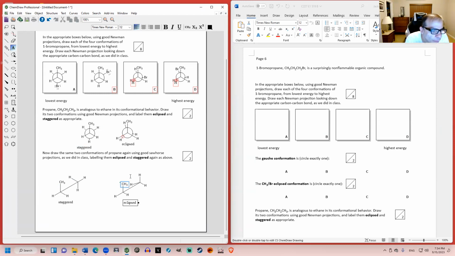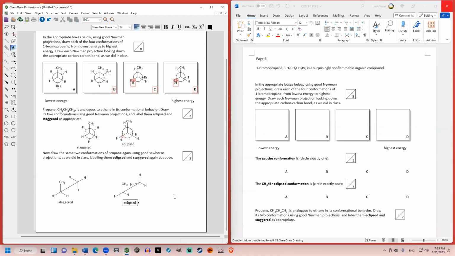And in the eclipsed conformation, the methyl group and the hydrogen are directly in front of and behind each other. Oh wait. So for staggered, the methyl group is between, and then in eclipsed, how does the eclipsed sawhorse projection show that the CH3 is right behind an H?